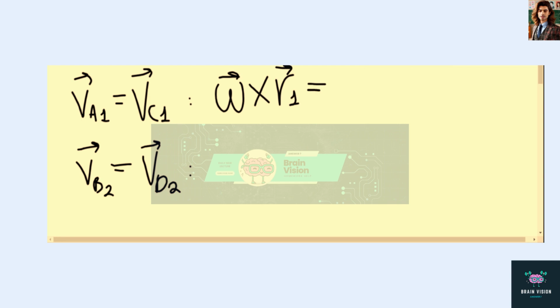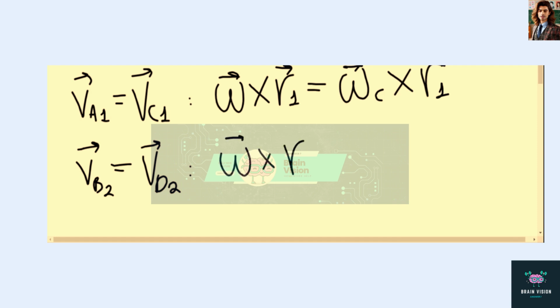Okay, if we write down the formal definition, the formulas: omega again is the common angular velocity for gears A and B. R2 equals omega D vector cross product R2.